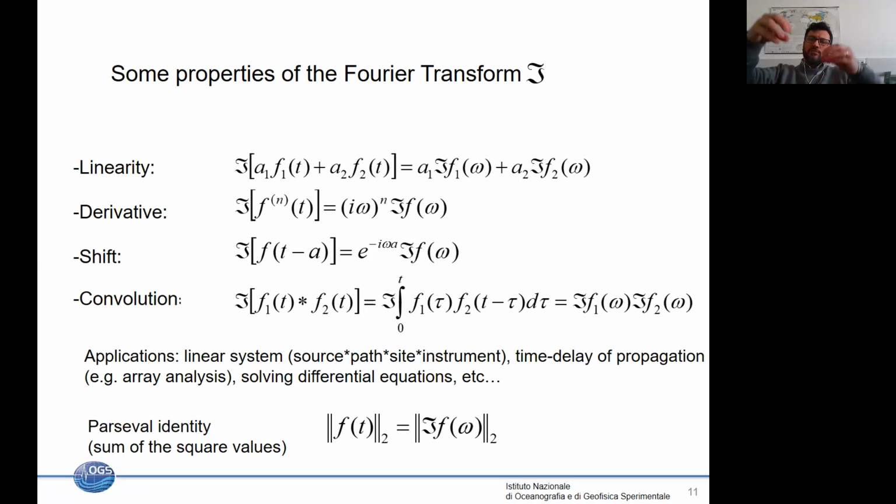For example, just imagine we put two sensors in the ground, and then you go a few meters far away from the first sensor, and you just use a sledgehammer to generate a signal. Then you will have a signal, maybe just a simple pulse, arriving at the first sensor.